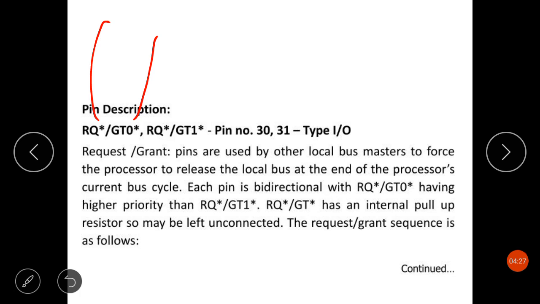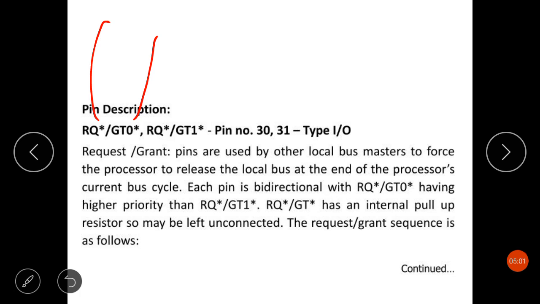As I told you, when I was discussing the minimum mode pins, I discussed the hold and HLDA pins. The same function is played by the RQ bar and GT bar pins in the maximum mode. By using the bus request signal, that is the RQ bar signal, another master can request the system bus, and the microprocessor communicates that the request is granted to the requesting master by using the bus grant signal, that is the GT bar signal.